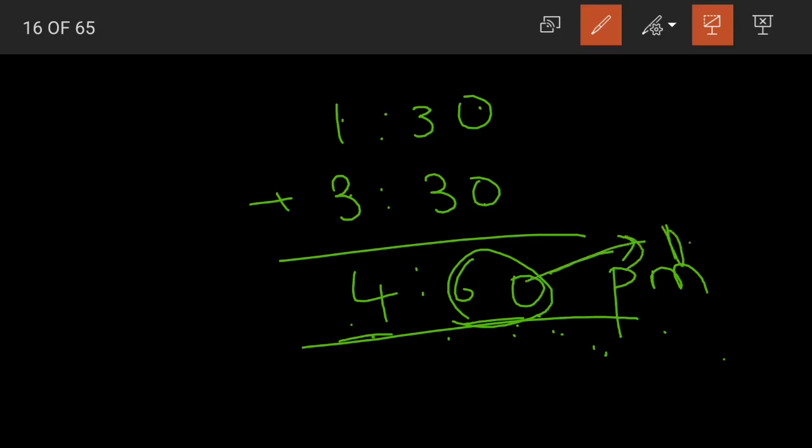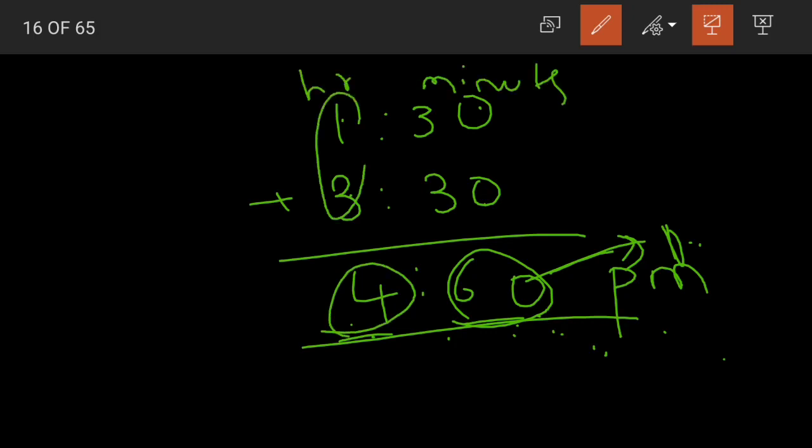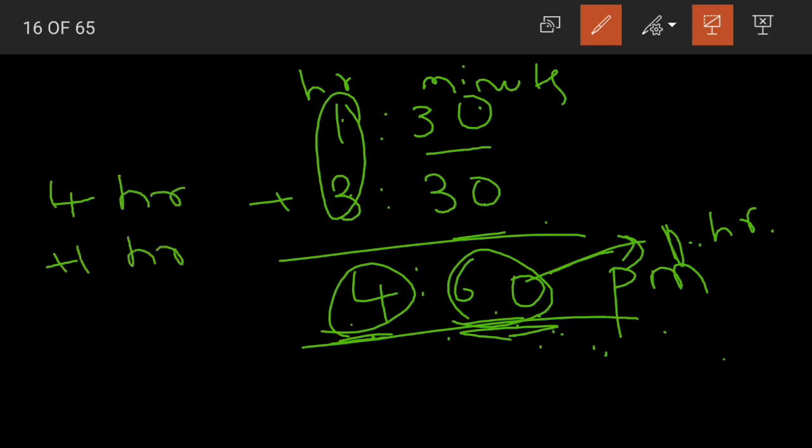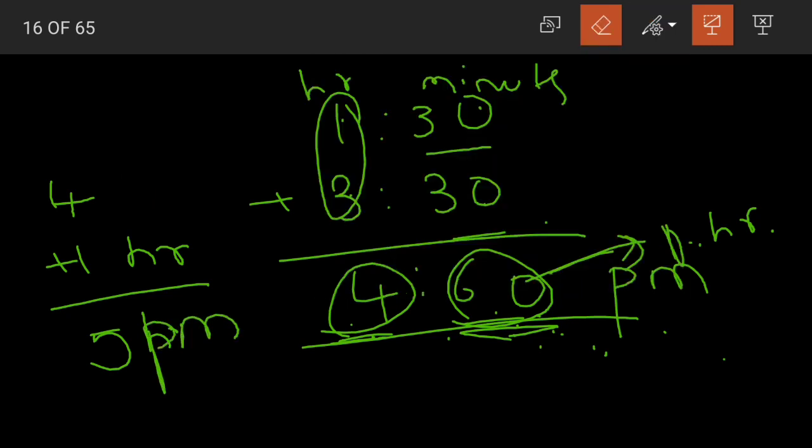So this is the hours and this is the minutes. Yes or no? 1 and 3 are the hours, this 30 is the minutes. Instead of writing 4 hours and 60 minutes, we'll add one more hour to our 4 hours. The total would be 5 hours or the 5 p.m. She left at 5 p.m.